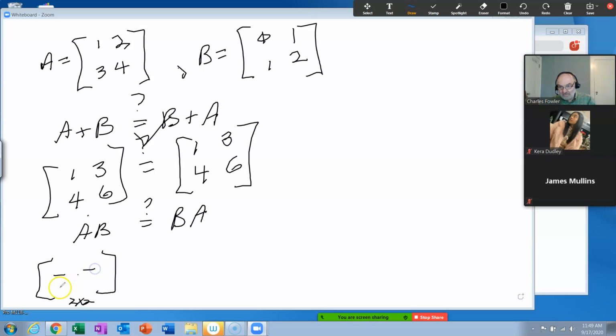Now, this element right here, first row, first column. So let's do that. First row here by first column here. 1 times 1 is 1, plus 3 times 4 is 12. 1 plus 12 is 13. Agreed or not?